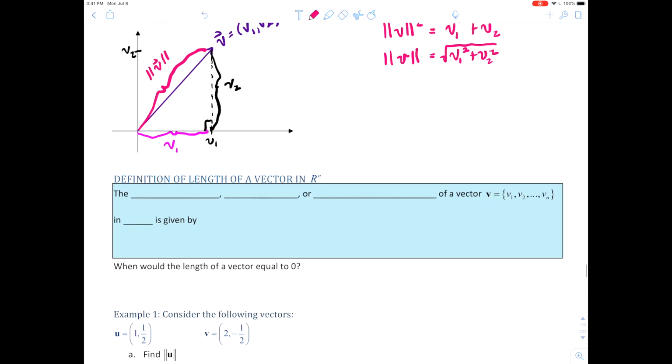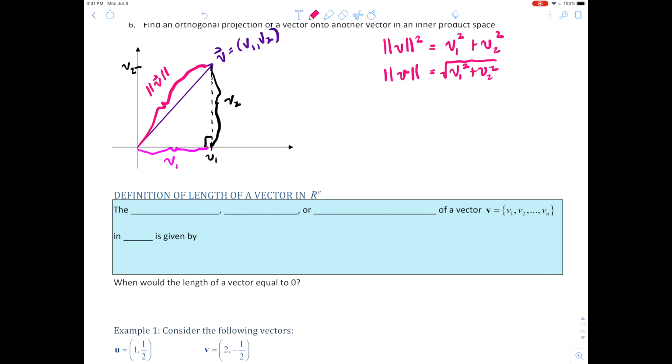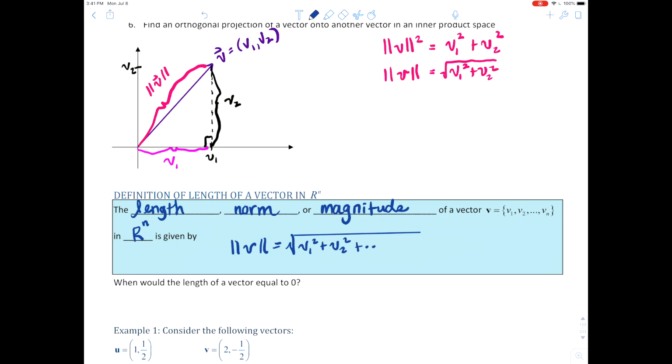All right. So now let's look at the official definition of length of a vector in Rn. We will start with this. The length, norm, or magnitude of a vector, these all mean the same thing, V equal to V1, V2, all the way down to Vn in Rn is given by the magnitude of V is equal to the square root of V1 squared plus V2 squared plus dot dot dot plus Vn squared.